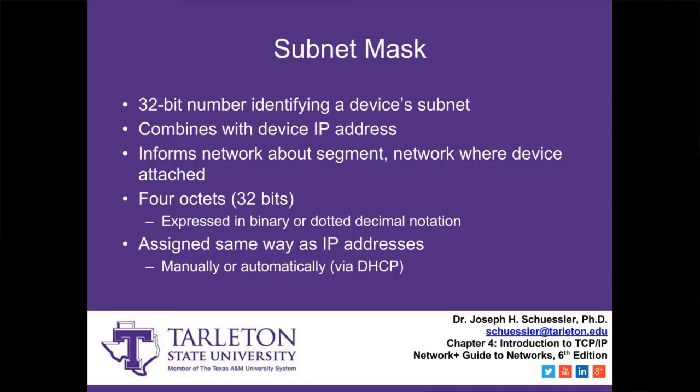It's combined with the device's IP address to determine whether or not you're on the same segment or not. It informs the network about the segment and the network where the device is attached. Like the IP address, it's 4 octets, 32 bits, expressed in binary or dotted decimal notation. And it's assigned the same way that IP addresses are assigned. You can either manually type them in, or it can be assigned via the DHCP server.